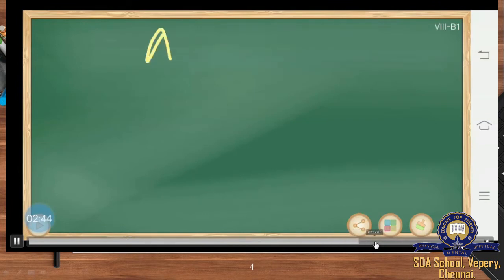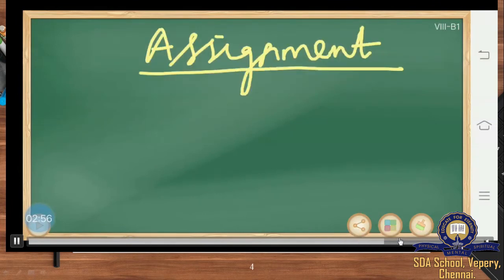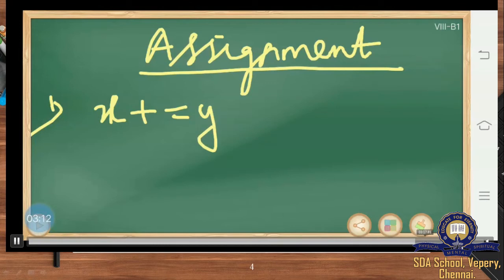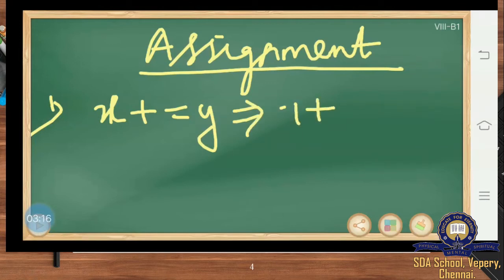And next one, the assignment operator. It just assigns the value from right side to left side. For example, x plus equal to y. Before assigning, you should know how it is written.